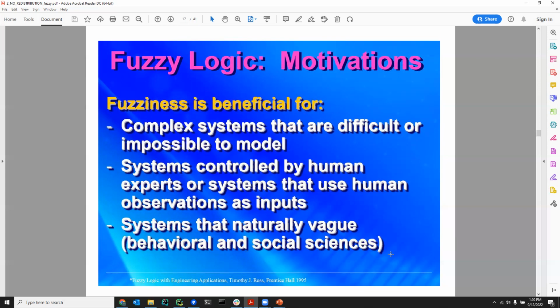I know that in particular, Professor Jerry Mendel had done a lot of work where they were actually modeling language with fuzzy sets. They were specifically assigning fuzzy membership functions to words because that was able to better capture the distribution of meaning behind that word to different humans.